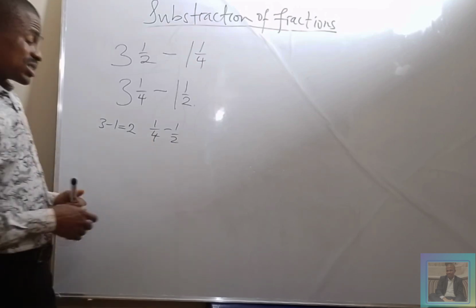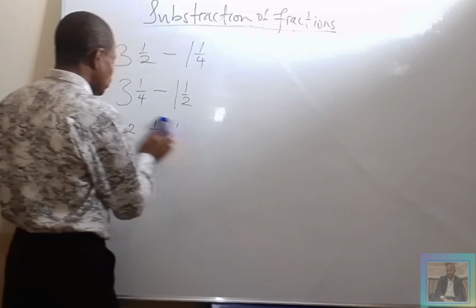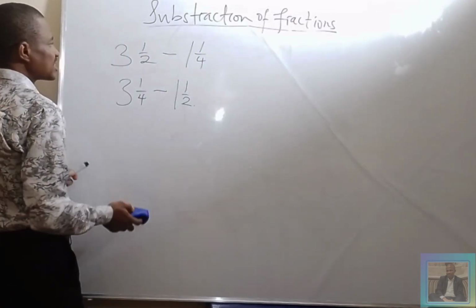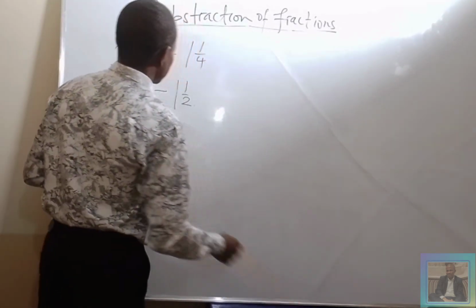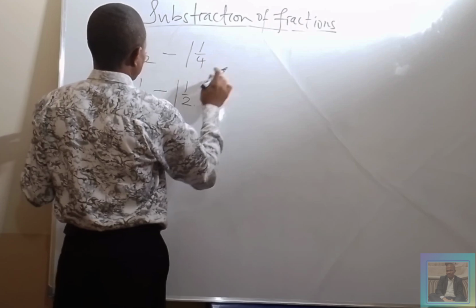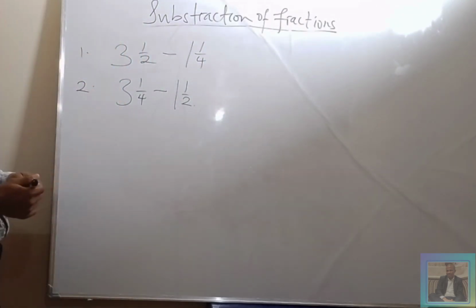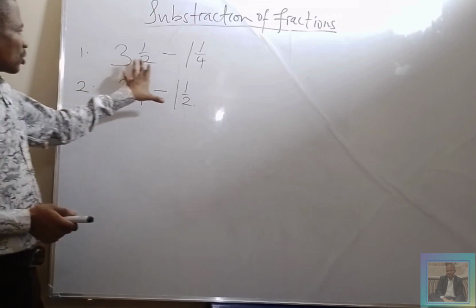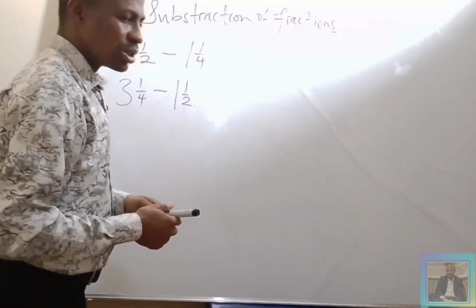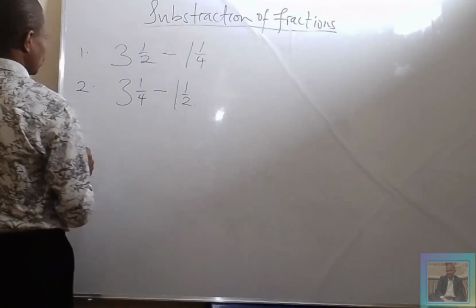So what is imperative to do is to first convert the mixed fractions into improper fractions, then we can do our subtraction.